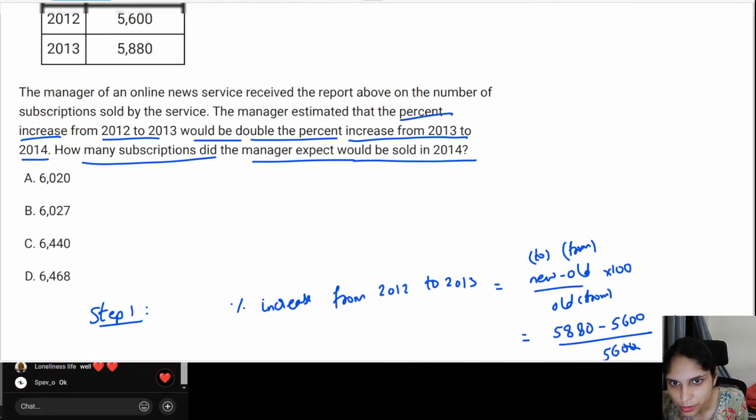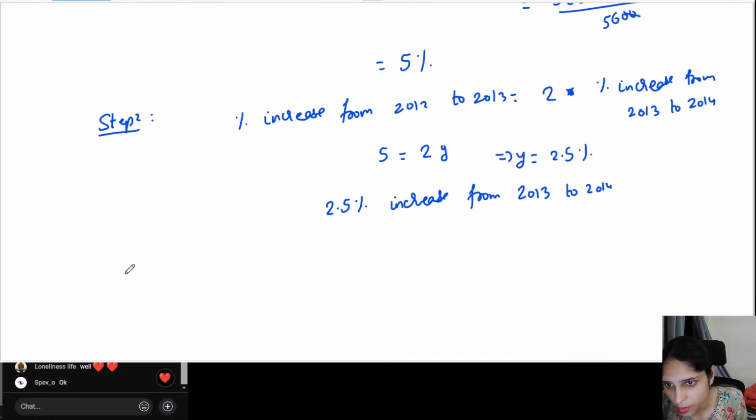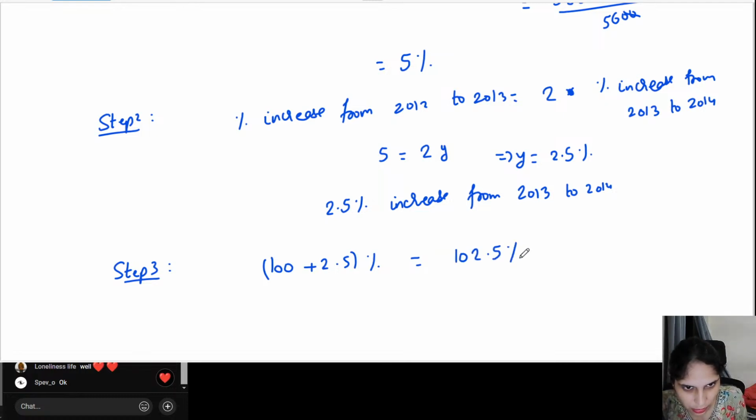Now what do they want? They want how many subscriptions would be sold in 2014. So the original is 5880. So if this is 2.5% increase, that means the total percentage is 100 plus 2.5%. That is 102.5%.